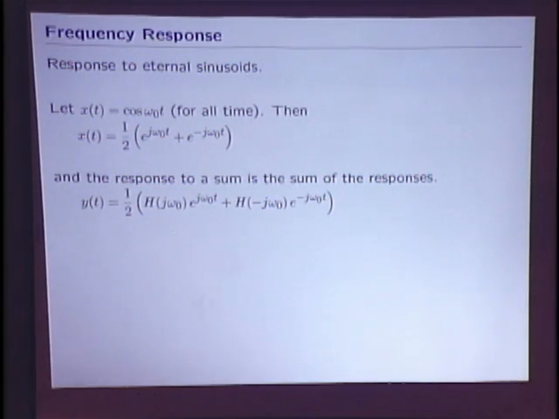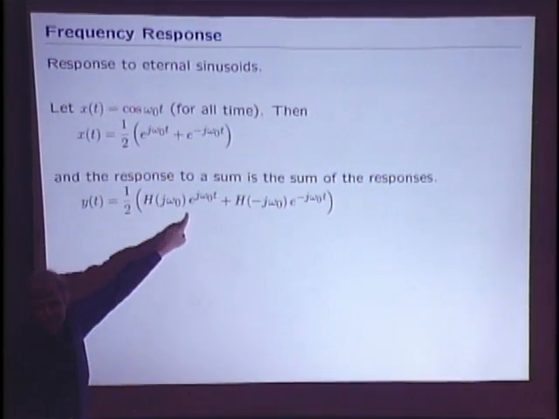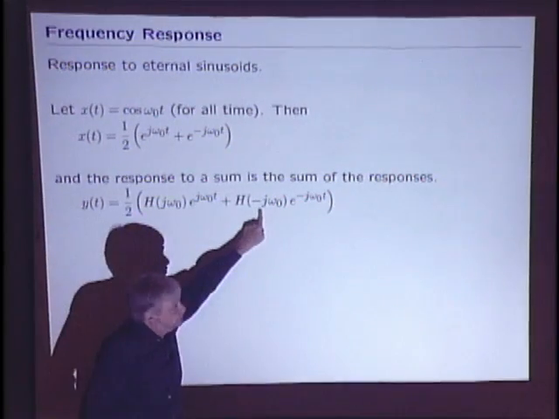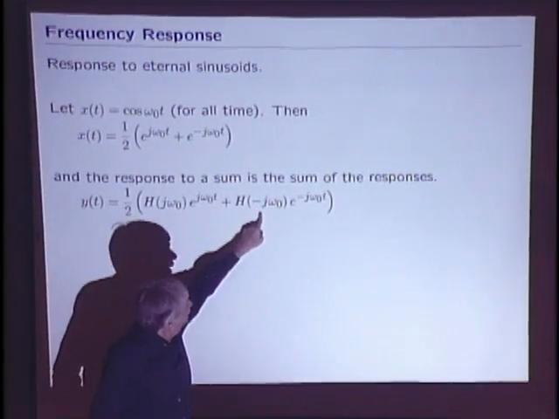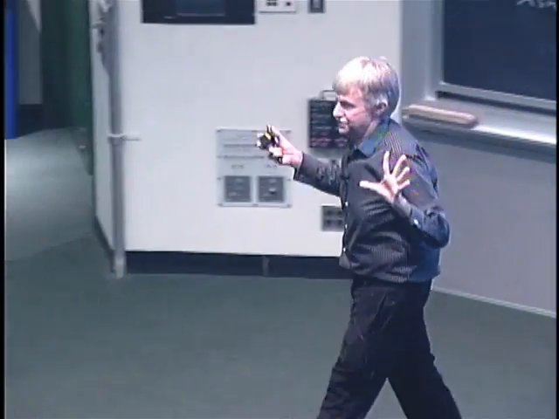So that means I can write the response to this eternal cosine wave as simply the sum of the system function evaluated at j omega naught times e to the j omega naught t, and the system function evaluated at s equals minus j omega naught times e to the minus j omega naught t. Done. I had the answer.